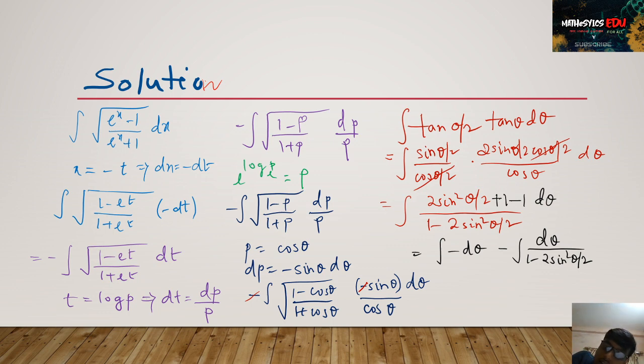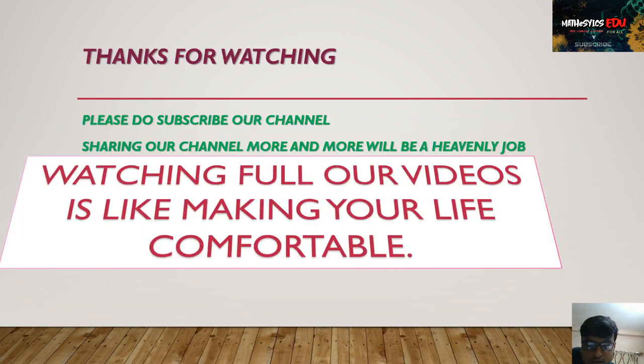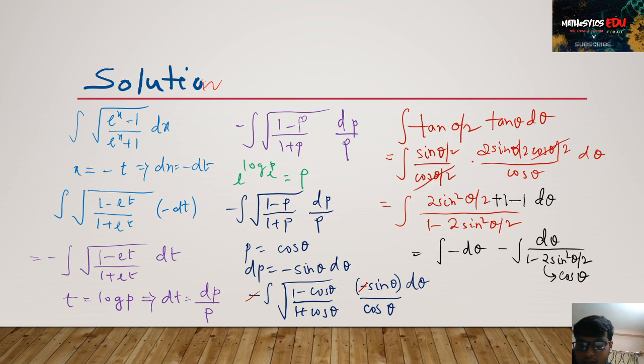Right? So this is in the denominator. But what is this? This is cos theta. Right? If this is cos theta, then you can understand I can decompose it into, let me draw a line so that you don't misunderstand.